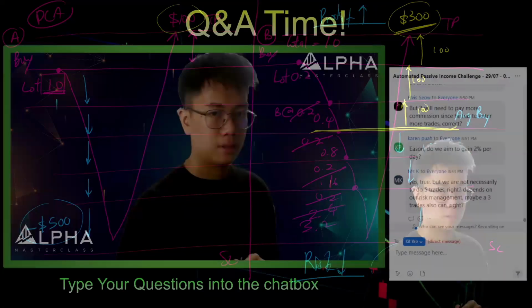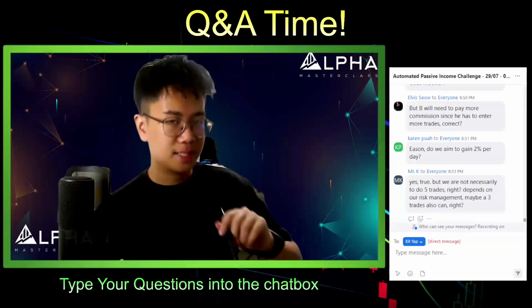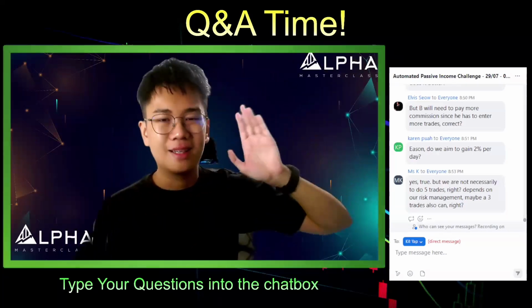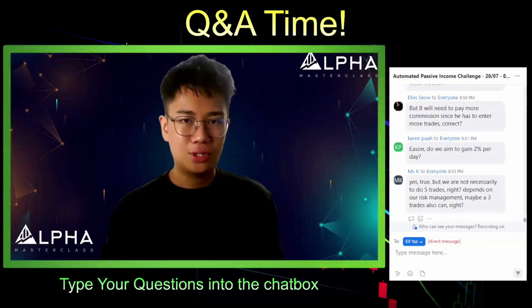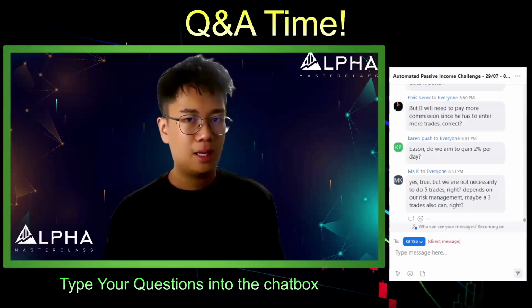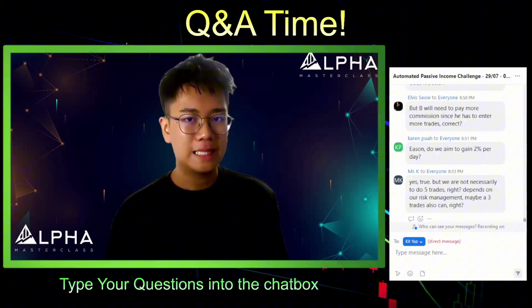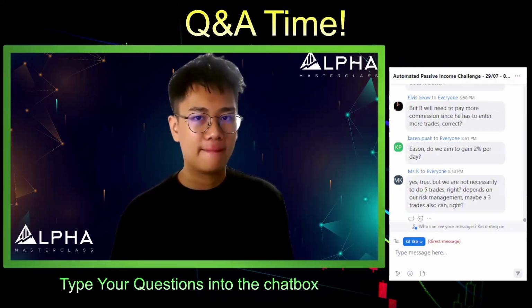Listen, do we aim to gain 2% per day? So guys, how many of you were able to achieve 2% per day in the simulations? Meaning that I gave you guys a chance of trading in simulations with full freedom, right? And is it true that it's super duper difficult to achieve a 2% profit? Let me open up the true data.